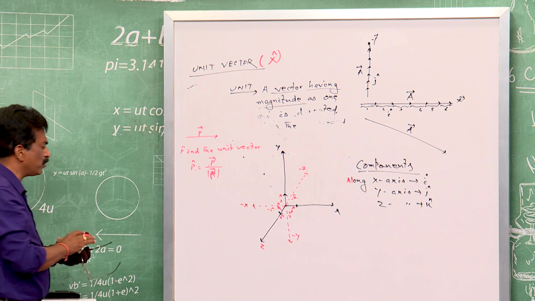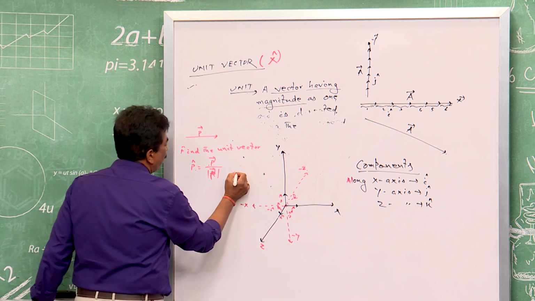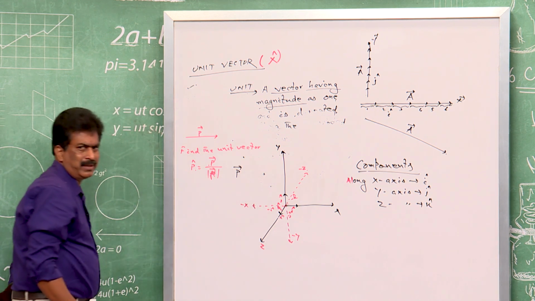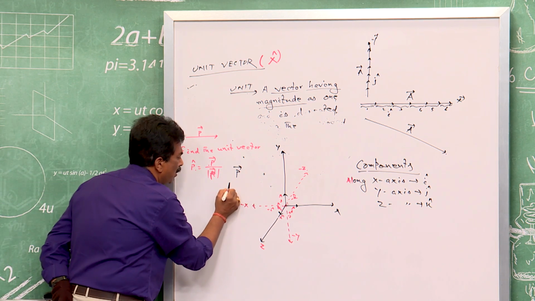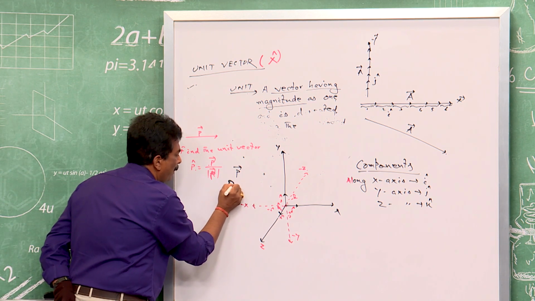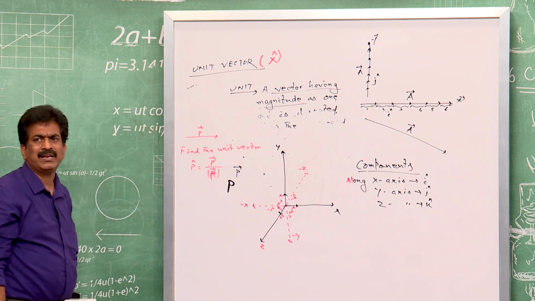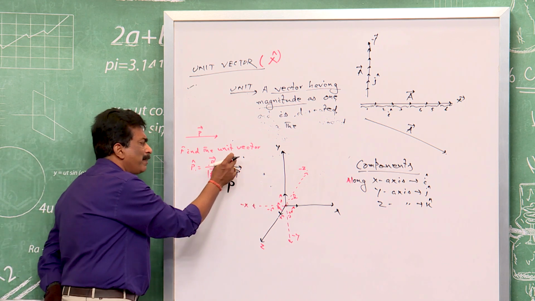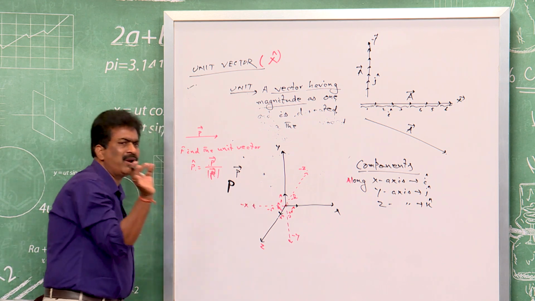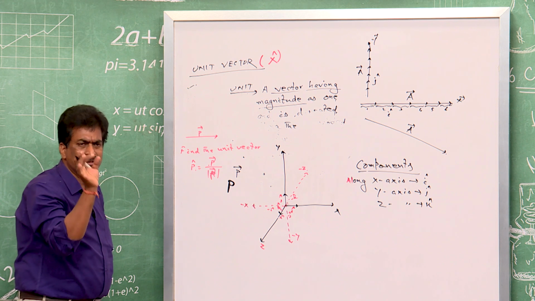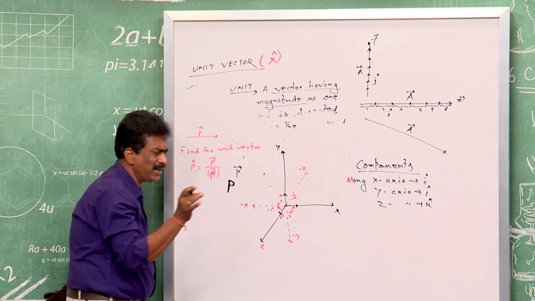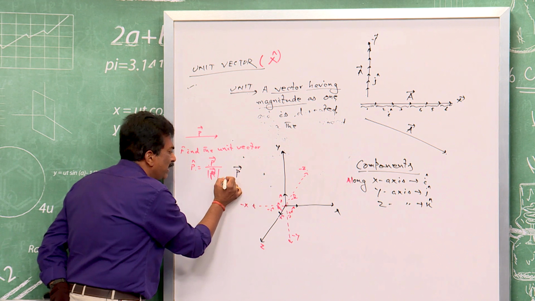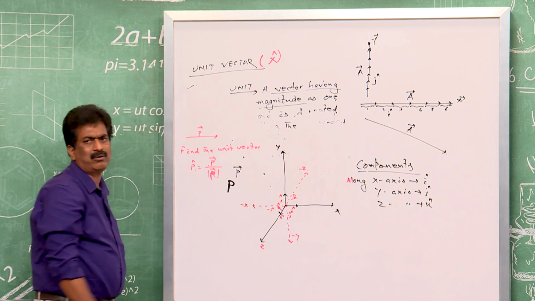And in some of the books you will find that instead of writing the P vector with an arrow, it is written as a bold P. When any vector is in bold form, there is no need to supply the arrow mark.